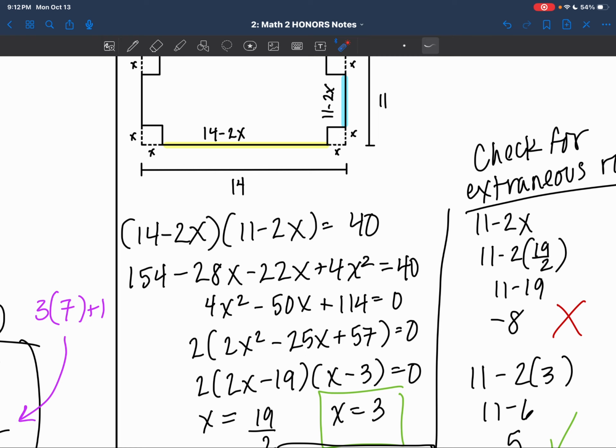I just kind of flip-flopped the area here. And then subtract 40. So I subtracted 40 from here and got 114. Okay? So now we can take this, factor out the GCF, and you're left with 2x squared minus 25x plus 57 equals 0.